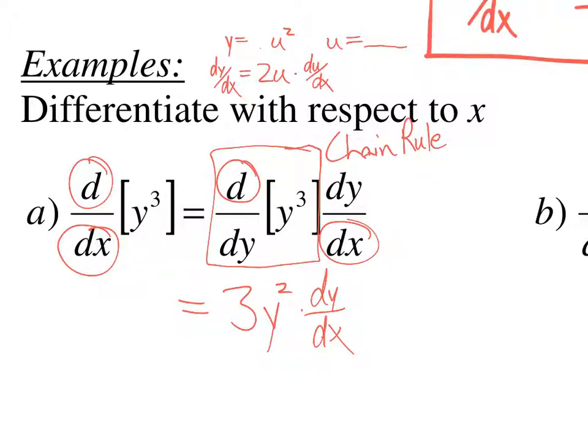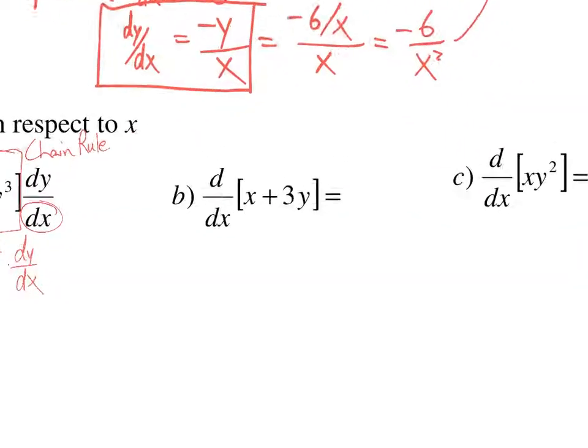It's the same thing here, guys. The difference is that we don't know what u actually equals. We don't know what y actually equals in respect to x, so we just have to leave dy dx there. So that's what we're trying to do here, is find this derivative with respect to a different variable.